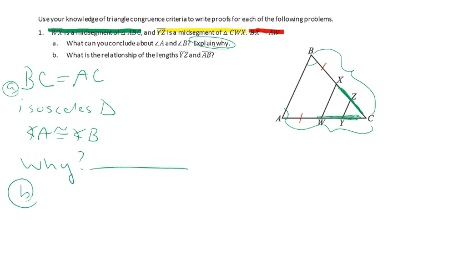So for part B, it says, what is the relationship between YZ and AB? So if I go back and look at that, it says that WX is the midsegment of triangle ABC. So we're going to use some of our formulas that we were using way back on the first slide. If WX is the midsegment of AB, we can use our formula: 2WX equals AB.